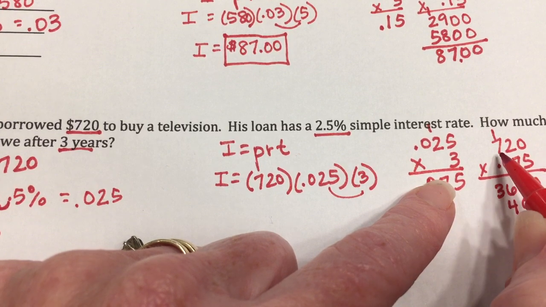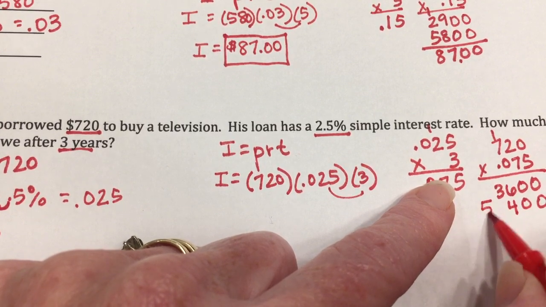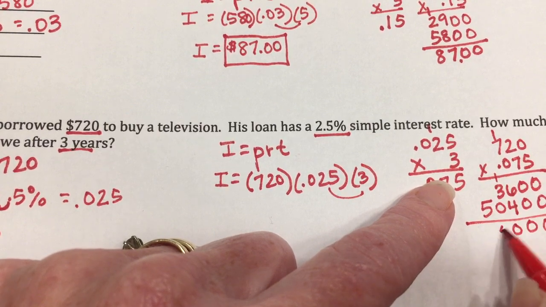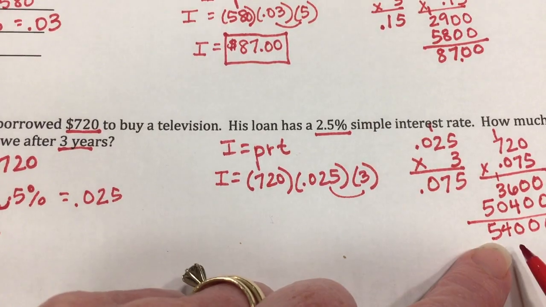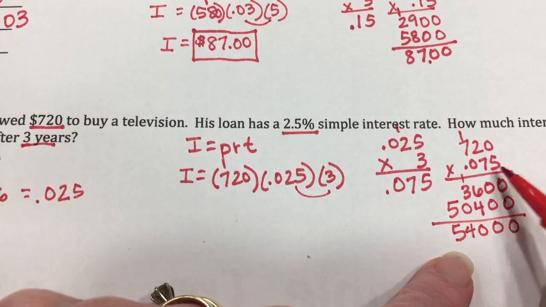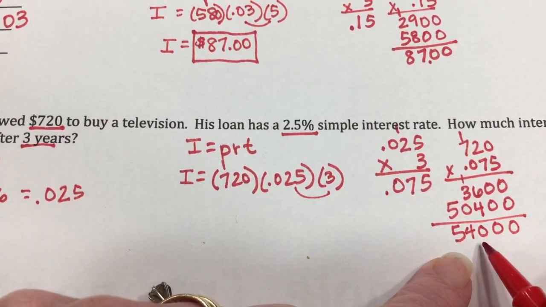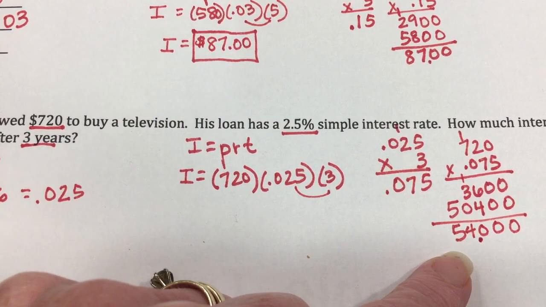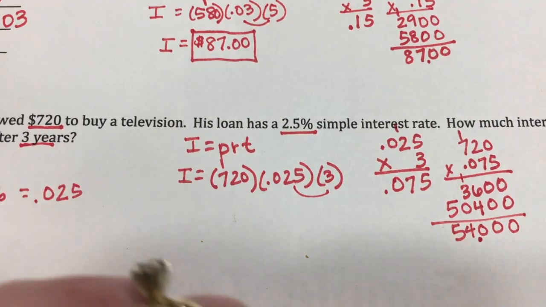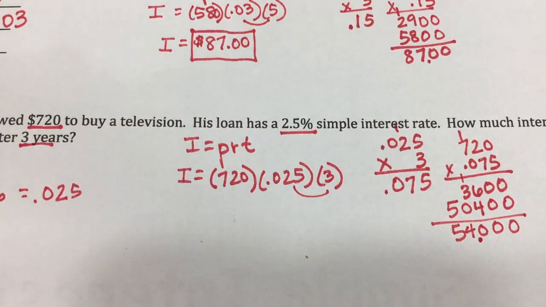Carry your 1. 7 times 7 is 49, plus 1 is 50. Add those up. And I get this number here, 54000, but I have 1, 2, 3 decimal places here, so I need to make sure, put my decimal here, 54.000. I didn't multiply times that last 0 because that would just give me a row of zeros. You can, but it's not going to change your answer.